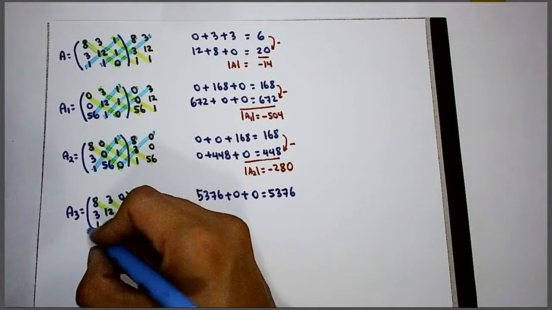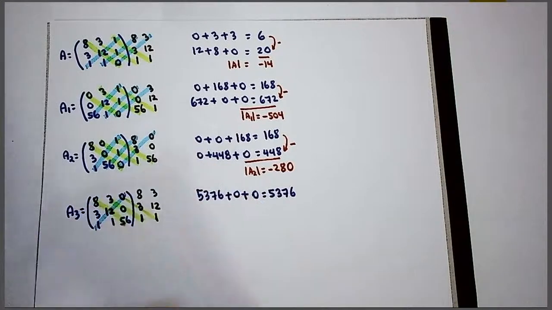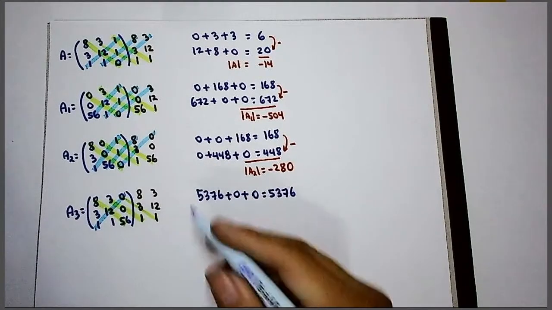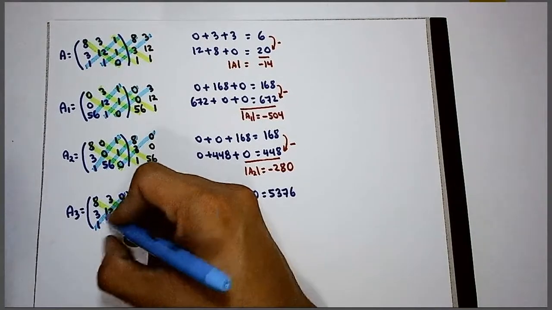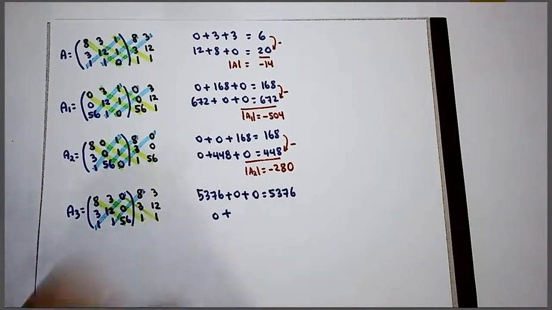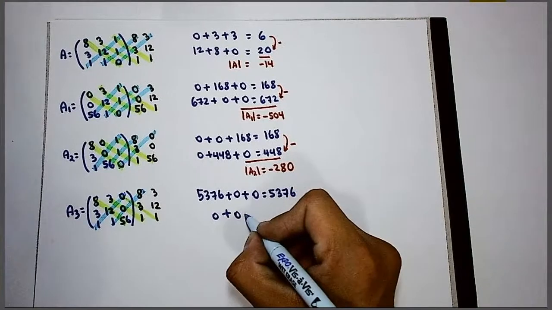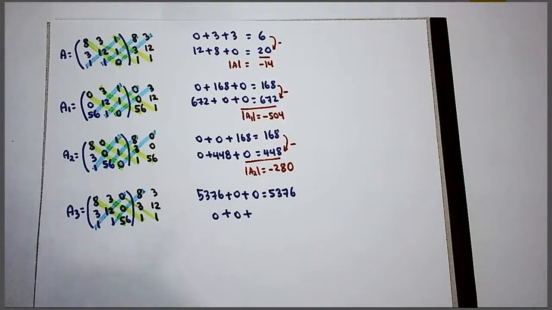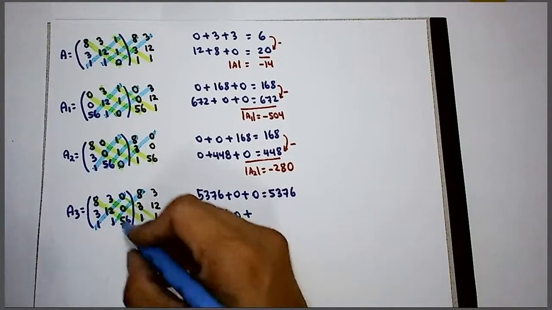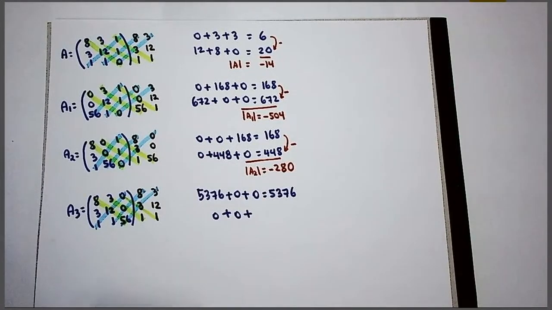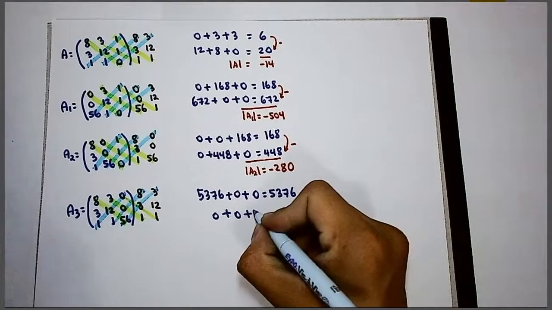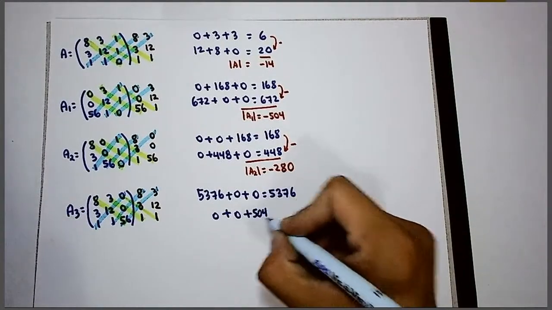Then 1 times 12 times 0 is 0, plus 1 times 0 times 8 is 0, plus 56 times 3 times 3 is equal to 504.